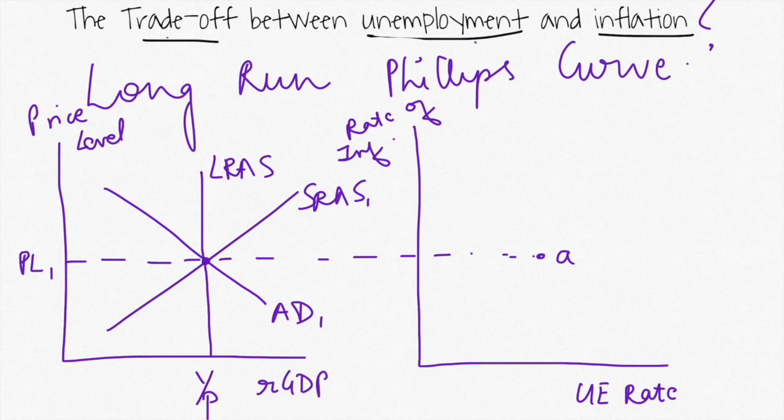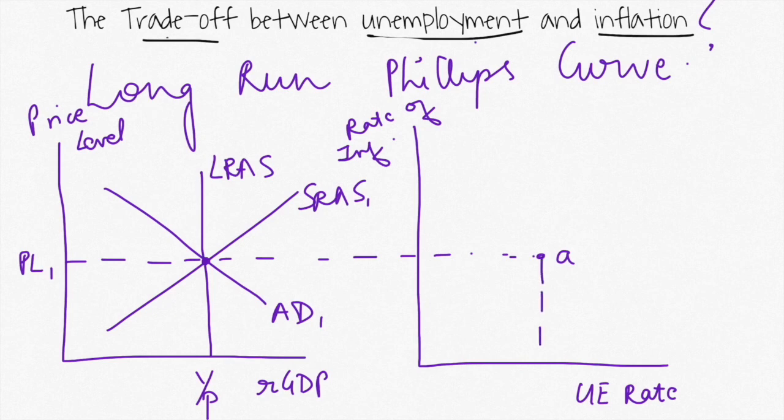And let's say over here YP, the NRU, the natural rate of unemployment at the potential output, is 5%, right? So which means this is the unemployment rate. So over here the unemployment rate is 5%.